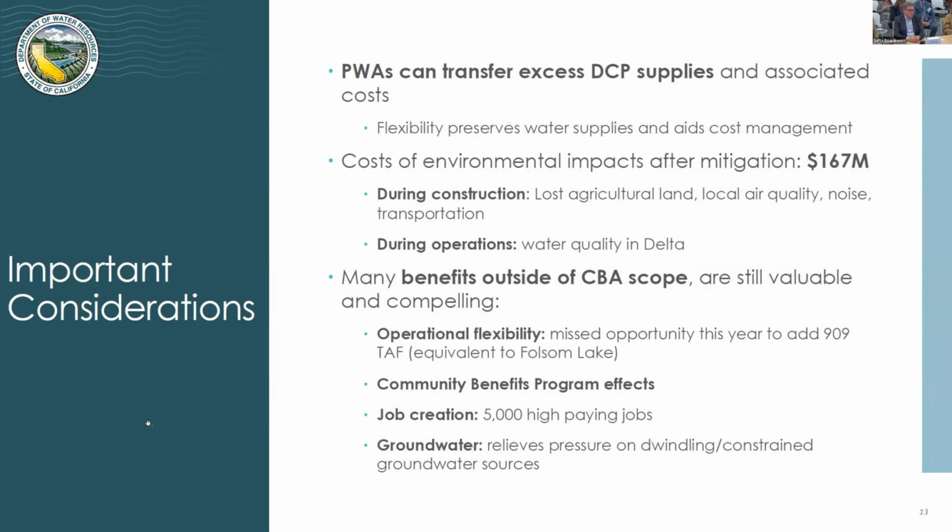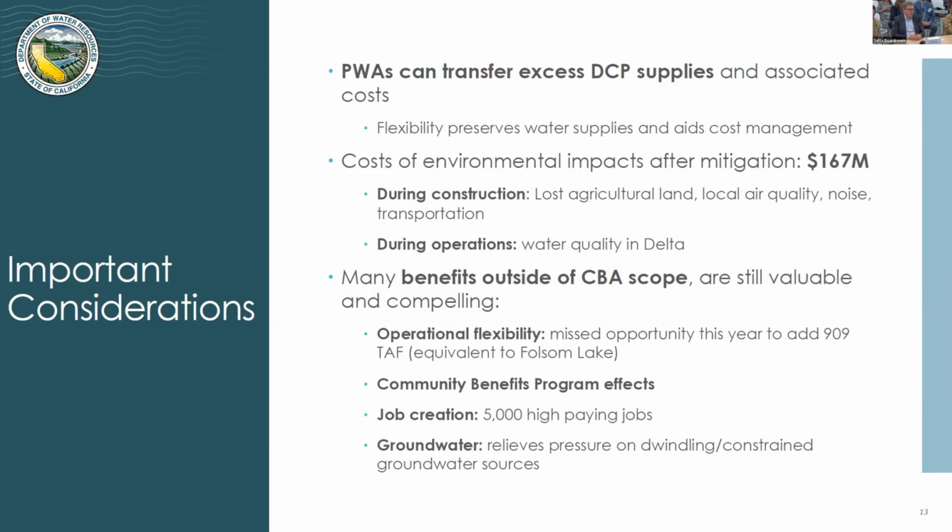So there are other things that are outside the cost-benefit analysis scope, but are still valuable, I think, to keep in mind. Probably most important there is the operational flexibility that the DCP provides. Our analysis works on a monthly time step. It's a long-term planning level analysis that I think is valid, but we're not operating at a daily time step.